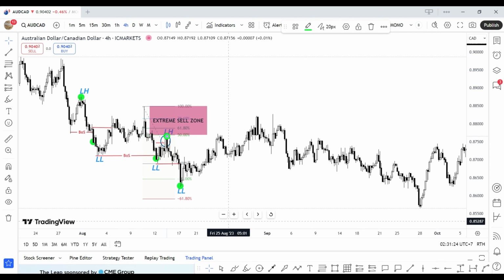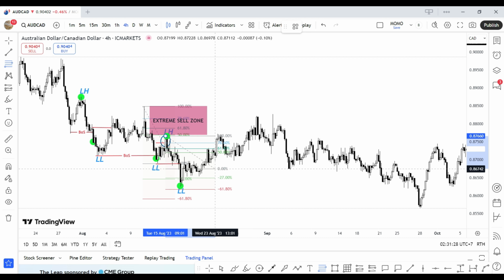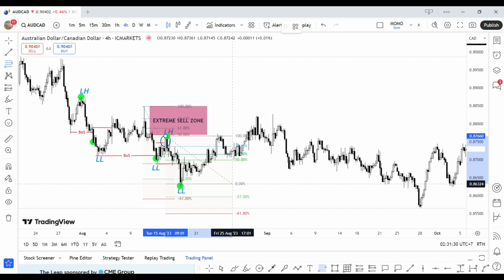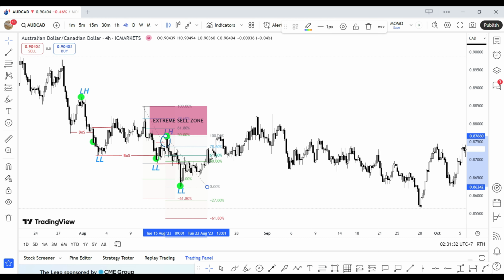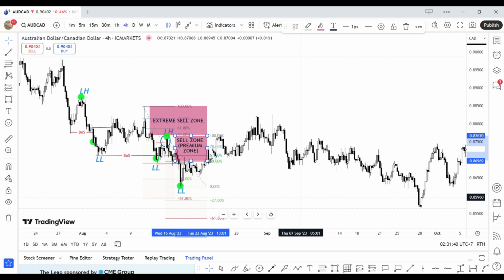Lower high, lower low, again we use Fibonacci from the lower high to the lower low and mark our trading zone between the 100% and the 50%. And this is just a sell zone, or the recent sell zone, or the premium zone.